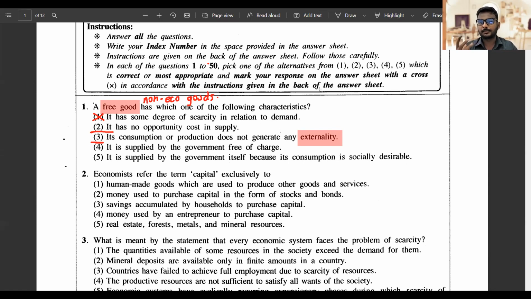For example, let's say I'm smoking. I'm the one who is paying the money and I'm the one who is smoking. But there are a few people around me who are not involved in that consumption of mine. They don't have anything to do with my consumption. But when I'm smoking, they cough sometimes. They get this smell. Sometimes they might not like it. That effect on these third parties when I smoke is an externality.